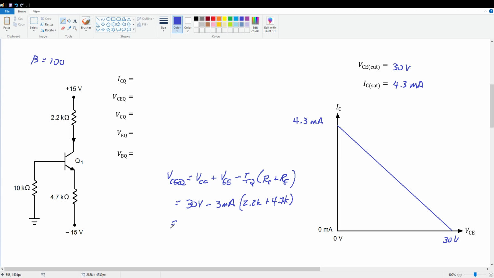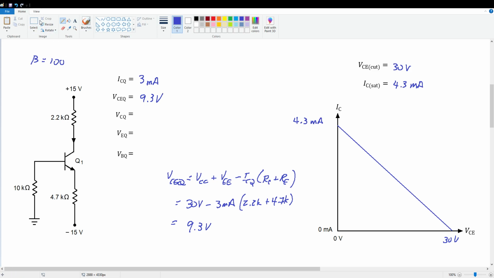Again, crunching through these numbers, we get about 9.3 volts for VCEQ. The equation, substituting the numbers, grinding the arithmetic, 9.3 volts. And I should have recorded my ICQ before. It was 3 milliamps, 9.3 volts.